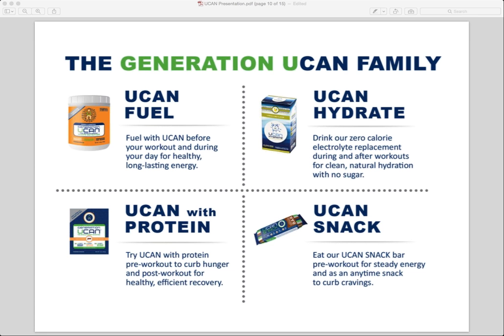Right. So I'll chime in here, Varun. Yeah, absolutely. So our UCAN fuel and our UCAN with protein, they both have a similar amount of the superstarch, the unique carbohydrate. The protein enhanced version in a scoop roughly has 8 grams of protein, and a packet has roughly 12 to 13 grams of protein.